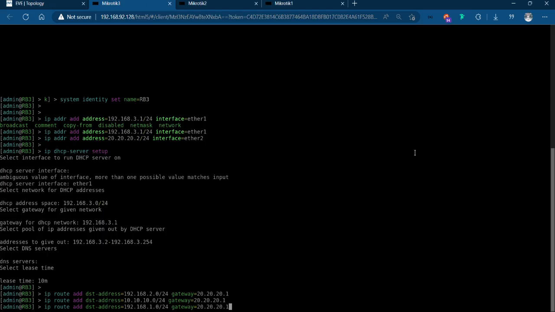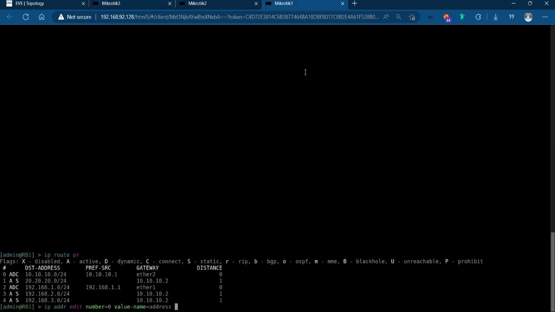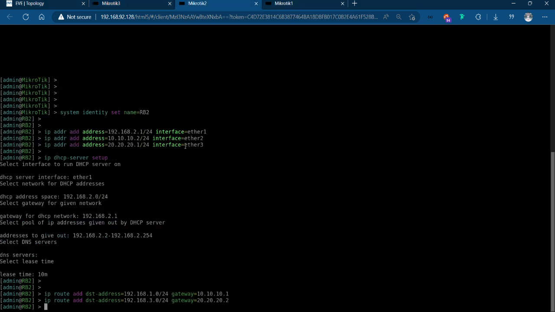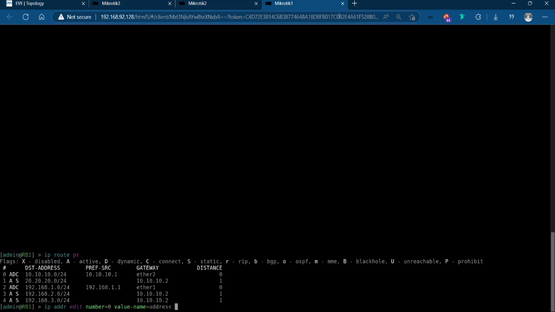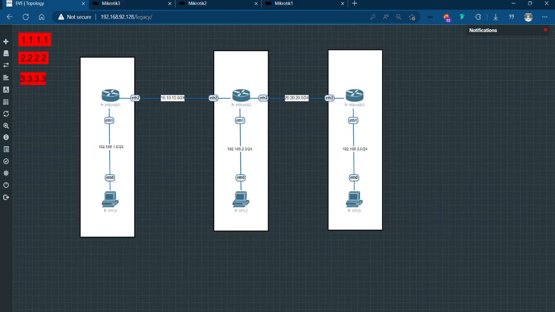After that we test this as AS, automatic static. Now this is AS on each router. Now let's try our VPC.